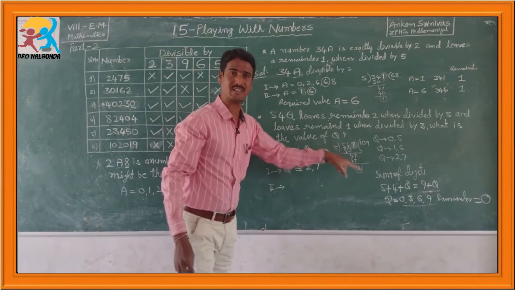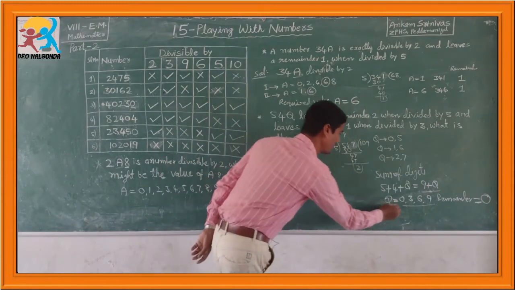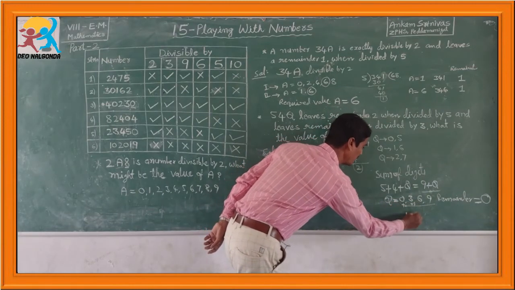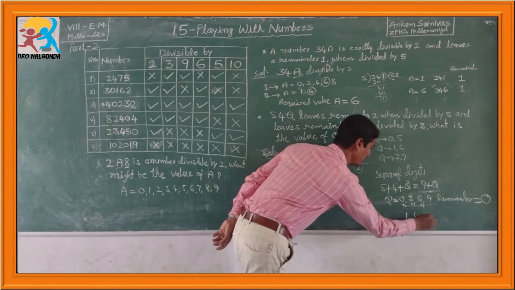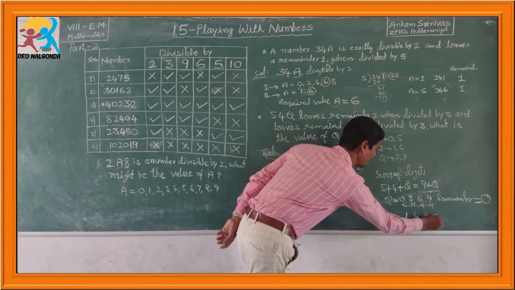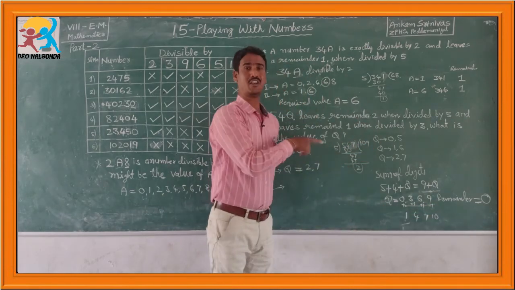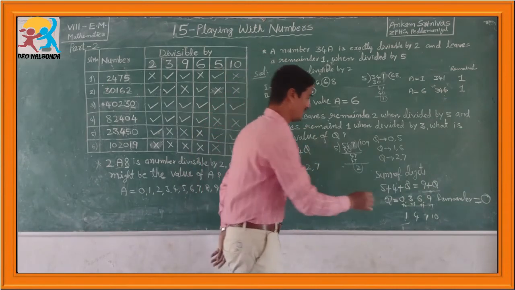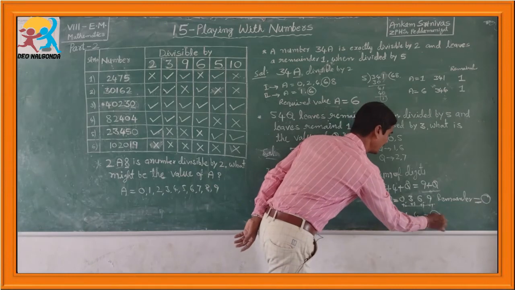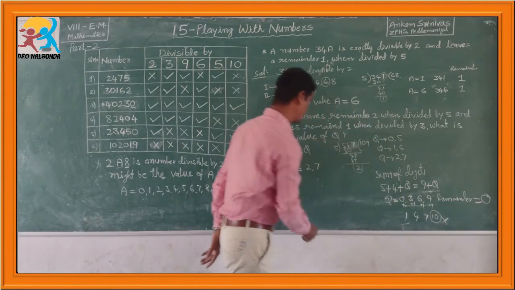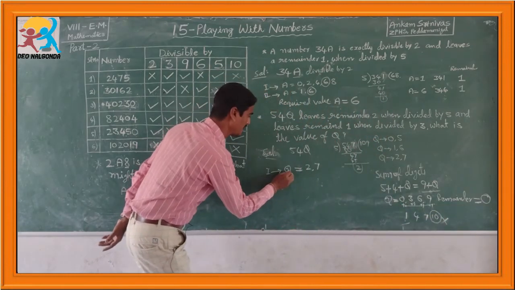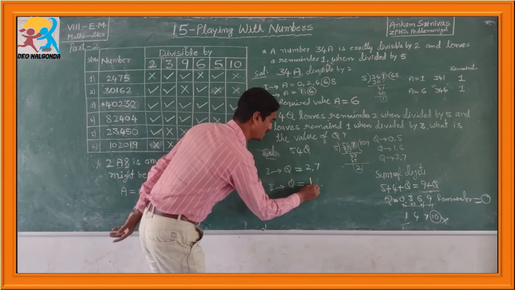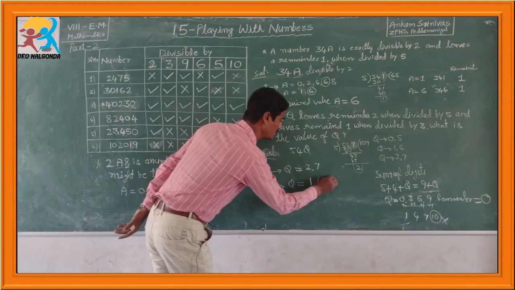So add plus 1 to all these choices: 0 plus 1 is 1, 3 plus 1 is 4, 6 plus 1 is 7, 9 plus 1 is 10. 10 is a 2-digit number, which we should not take. So the possible Q values for the second condition are 1, 4, 7.